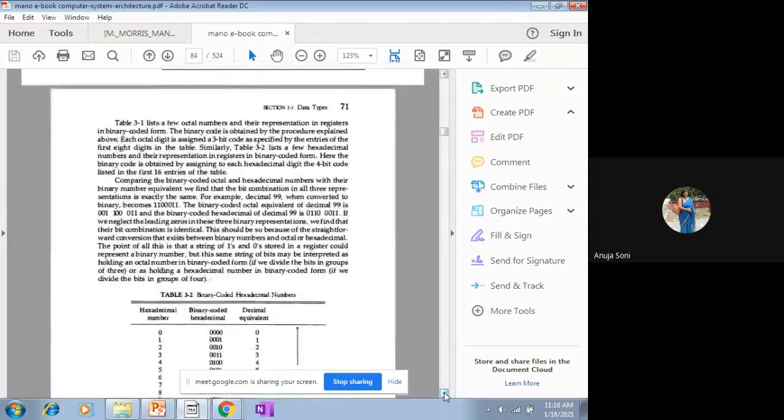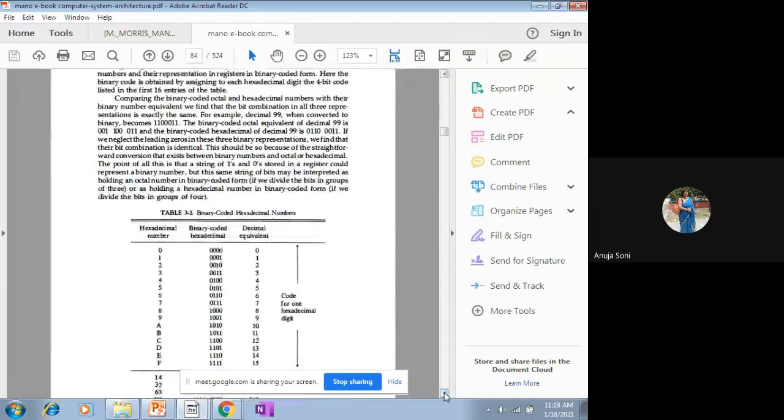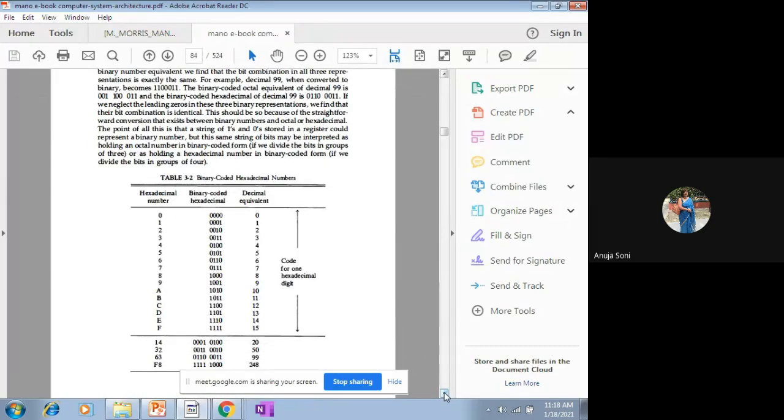Similarly, the binary coded hexadecimal numbering series. Here, as there are a total of 16 symbols, we had a discussion over it in the previous class, and that's why in order to represent the 16 combinations, 4 bits have been used to represent its binary coded value. With the help of 4 bits, how many combinations may there be? It is 2 raised to the power 4, that means 16 combinations in order to represent all the symbols of the hexadecimal series.